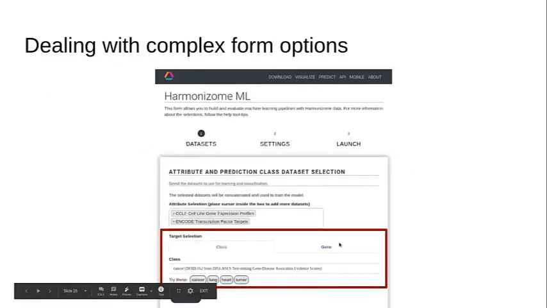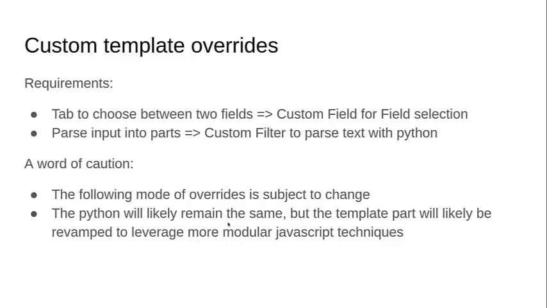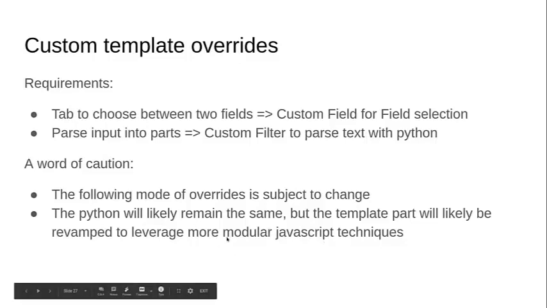We need to be able to parse this, but we also have this custom widget, this tabbing, which we don't have set up in Appyters. I'll note that what I'm discussing here is somewhat advanced. You want to use this as a last-case scenario. I may in fact end up modifying the way this works, but it's important to know how these overrides work nonetheless, if you want to do things like styling specifically.